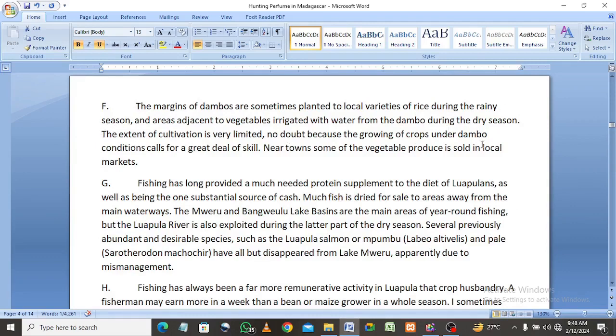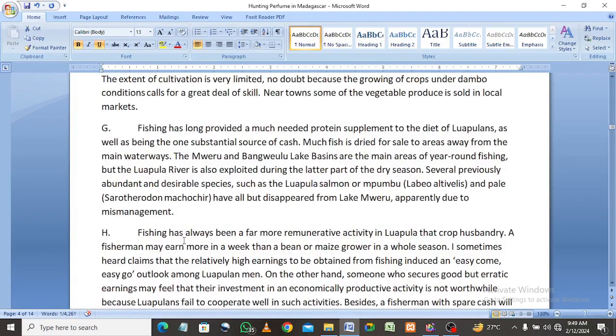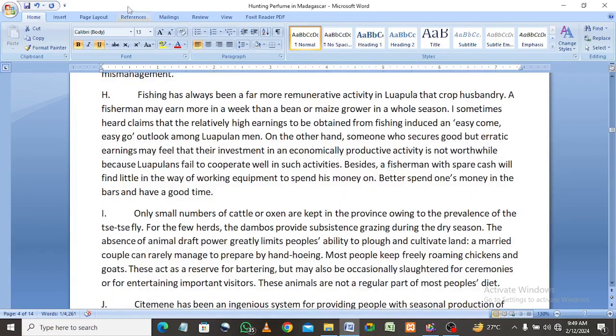Just keep searching. Okay, it's not in paragraph F. It's not in paragraph G. Let's check H, whether we'll see those keywords.